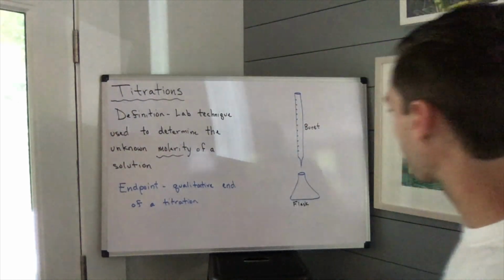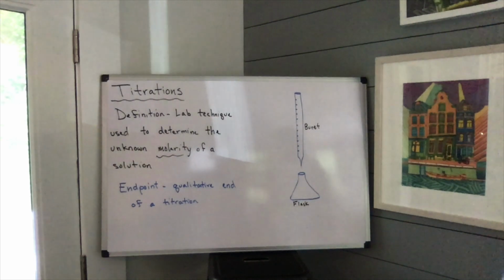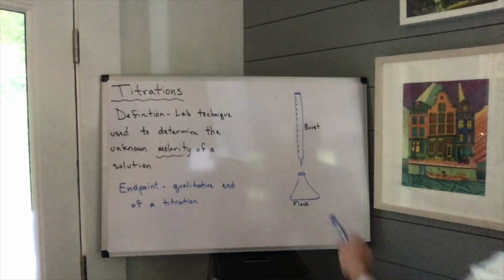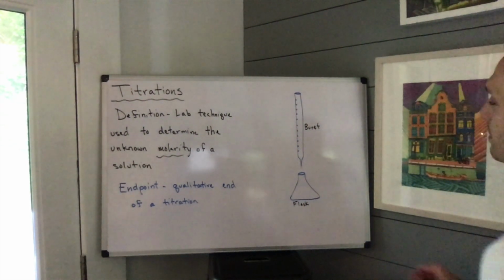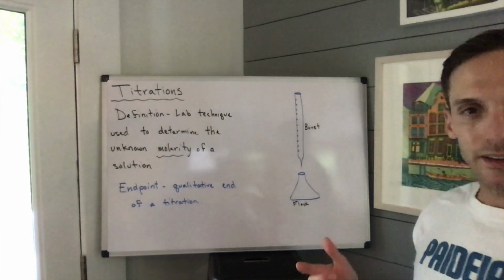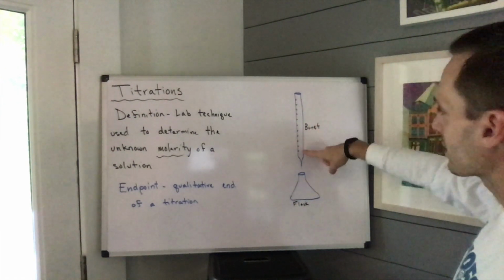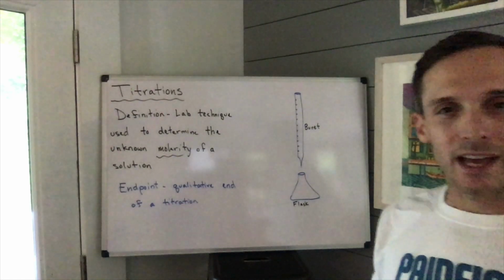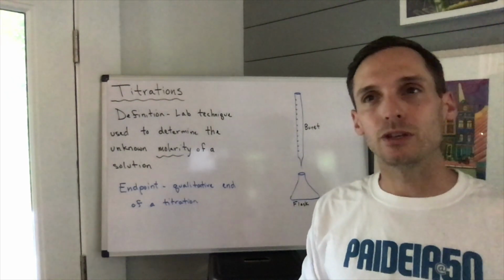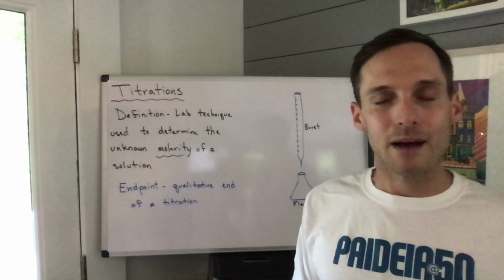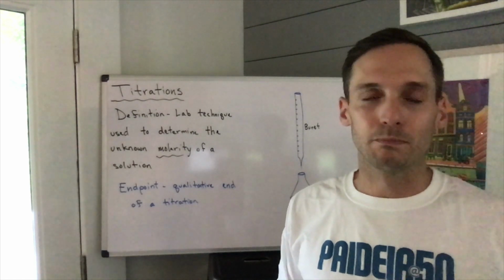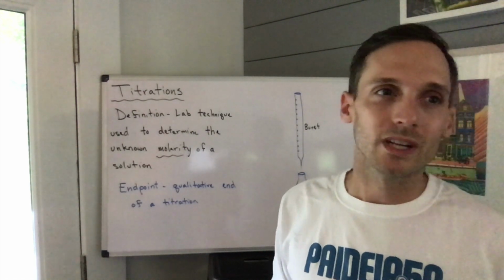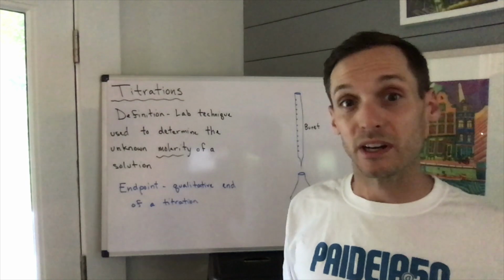And the setup is pretty simple. So I've done a terrible drawing over here of the setup, but basically we have a couple pieces of glassware that we use. The first is called a burette. And if you think back, when we used different types of glassware in lab, the pieces of glassware we used if we wanted to measure out volumes very precisely.